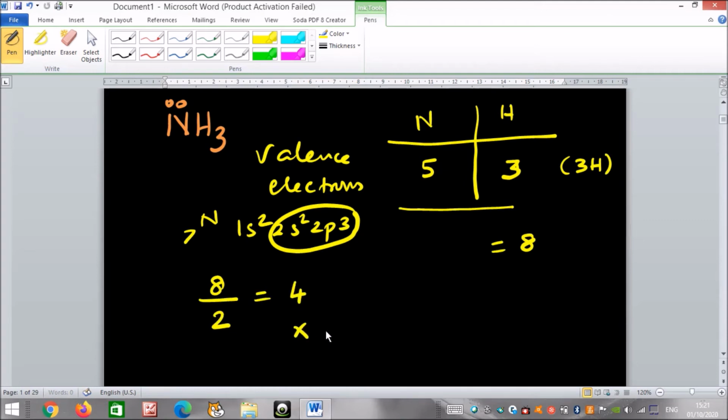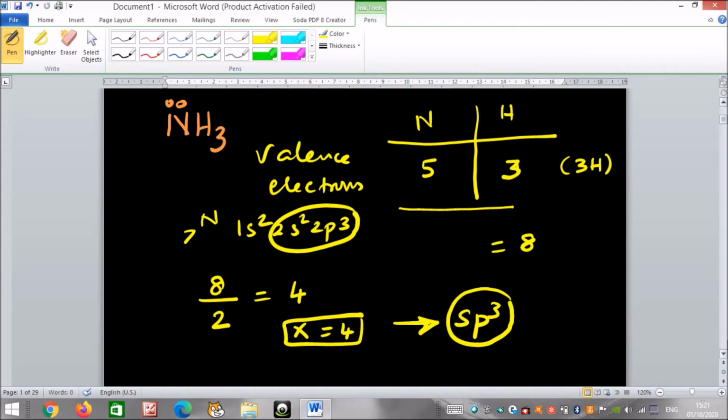Here the x value is equal to 4. When x is equal to 4, you can say that it would be formed by sp3 hybridization. So the molecule methane was formed by sp3, likewise ammonia is also formed by the same sp3 hybridization.